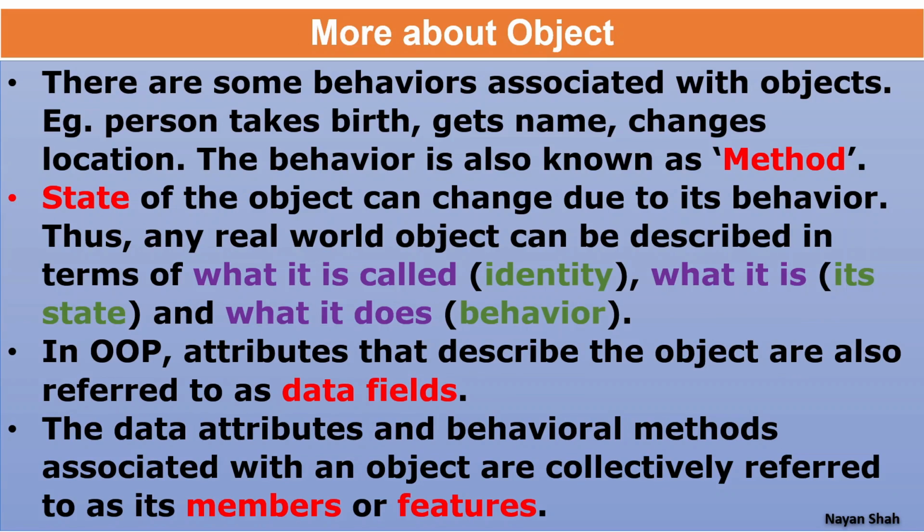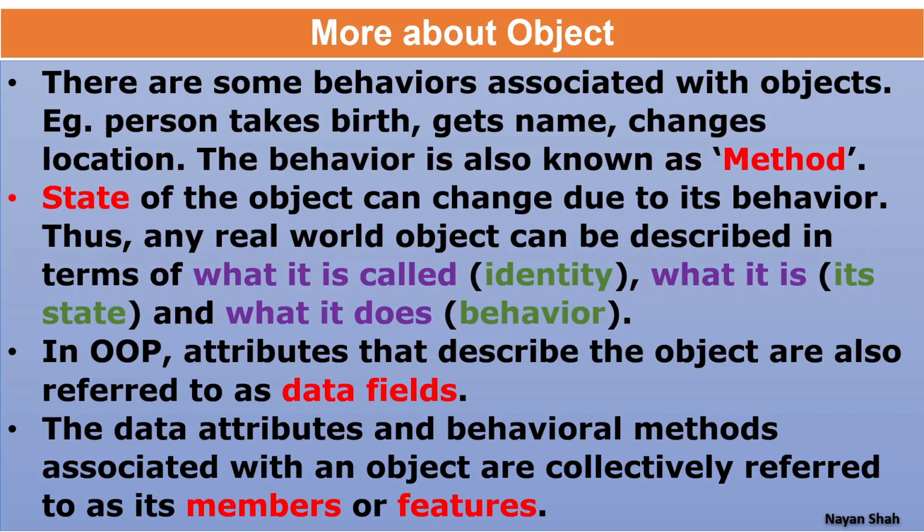There are some behaviors also associated with an object. As there are some properties associated with an object, there are some behaviors also associated with objects. For example, a person takes birth, gets a name, changes location. All these are called the behavior of the object. The behavior in a programming language is known as either a function or a method.